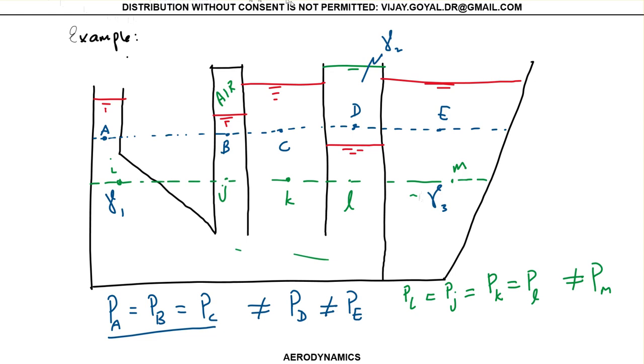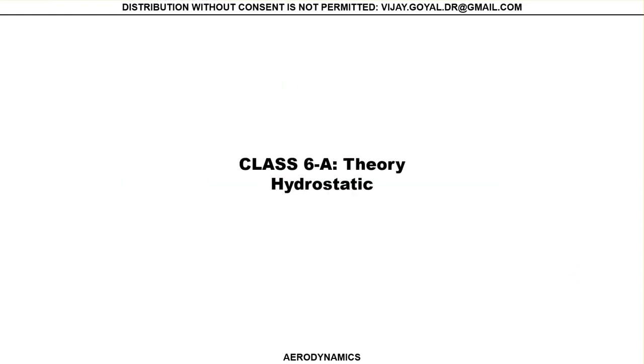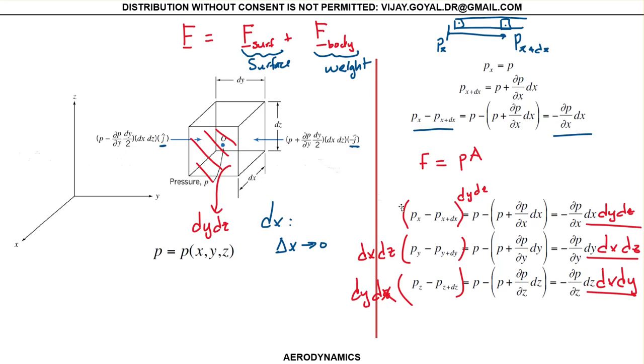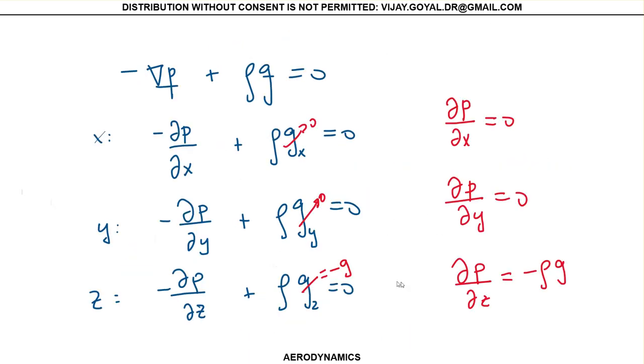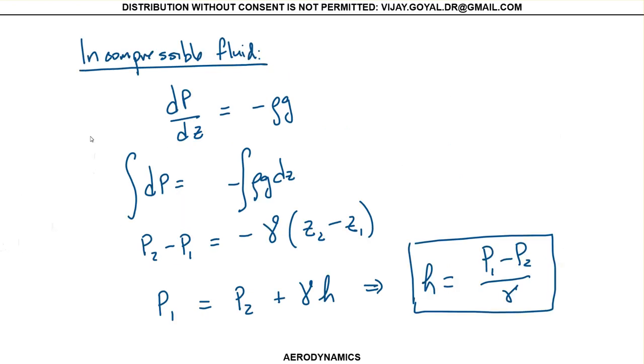And this is for the hydrostatic case. We basically started the problem and did a free body diagram. I'm sorry for all this derivation, but at the end of the day, these are the equations that we really care about. And this last equation becomes very, very important for incompressible fluid. For incompressible, h is equal to delta P over gamma.